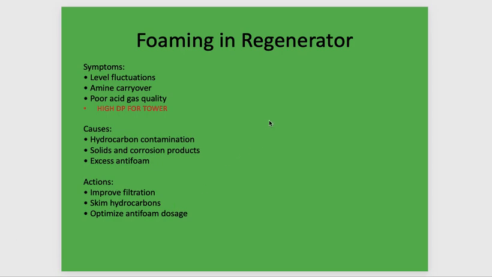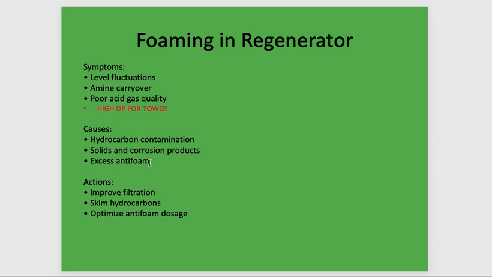What are the possible causes? Hydrocarbon contamination, solids and corrosion products, and excess anti-foam, because the anti-foam injection should be stabilized and operated at a specified time. If you increase this injection time, which means you dose more anti-foam, it can make the reverse action.